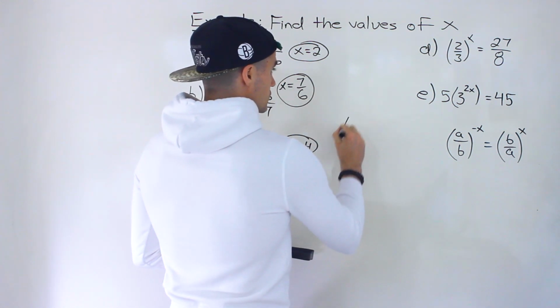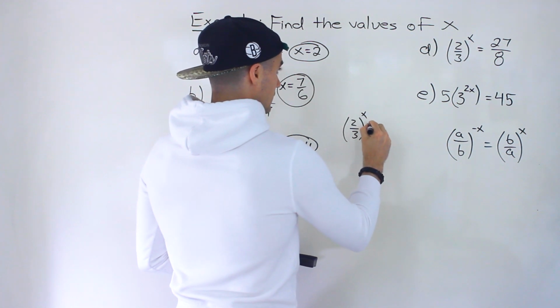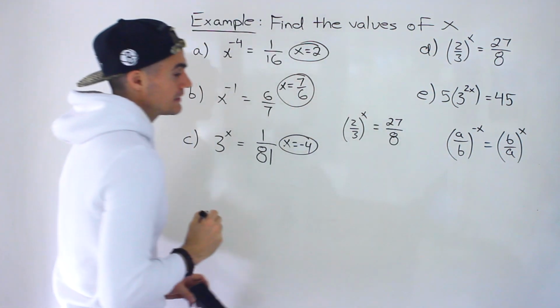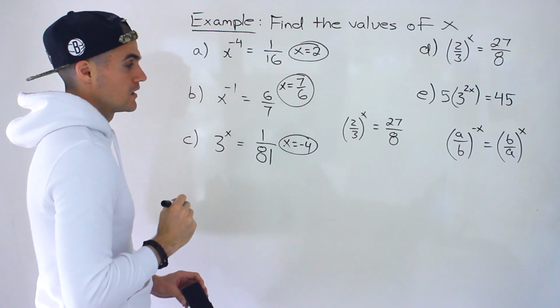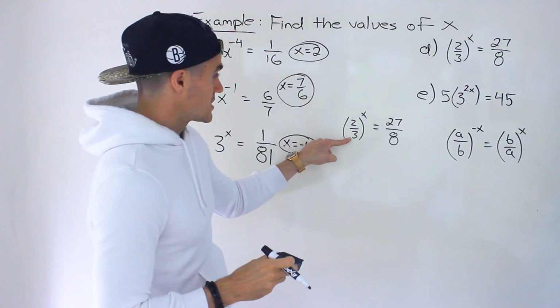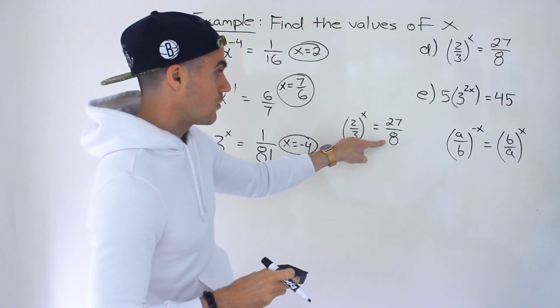What do we got? We got 2/3 to the power of x equals 27/8. Now this one's going to be a little bit more tricky. Notice that the fraction, the base, the exponent, is 2/3 versus over here we have 27/8.